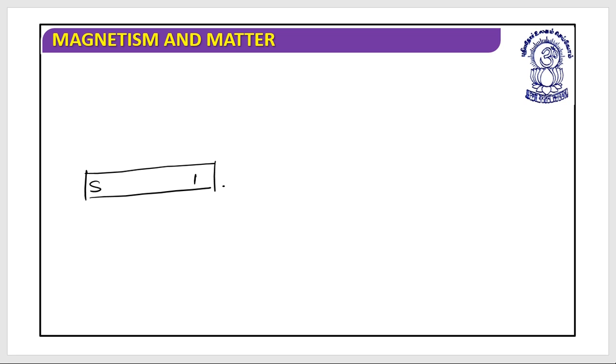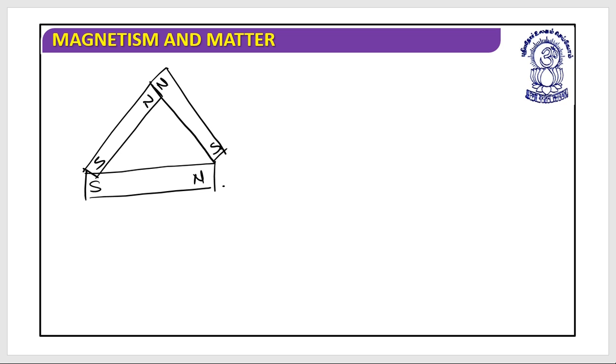One: this is south, this is north. Second: this is south, this is north. And the third. Let's assume that they are making an equilateral triangle. This is south, north.